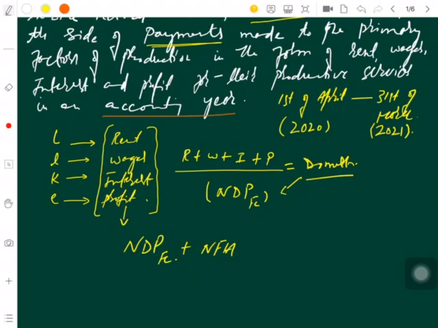When we add it, what we reach, as you can now calculate yourself, and the ultimate aim of ours, is NNP at factor cost, that is national income.